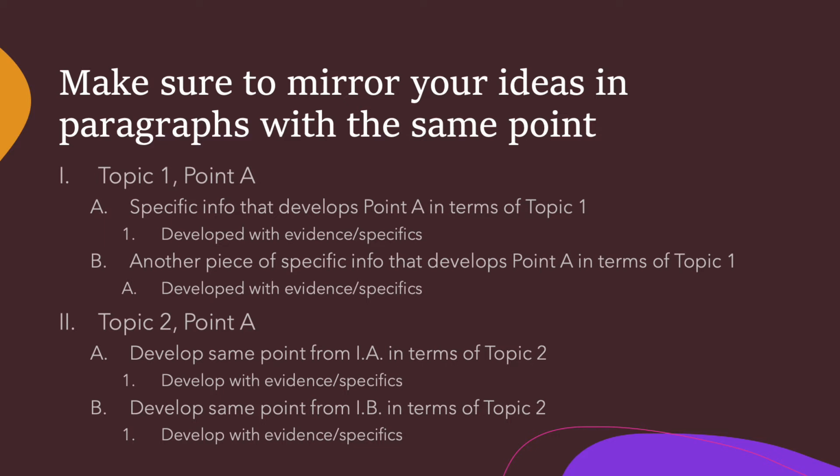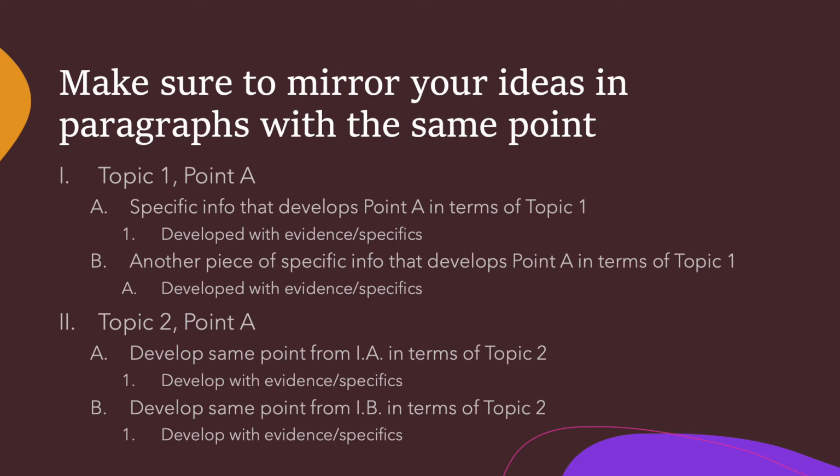All right, so this one is assuming we were just using the point by point method for right this moment, just so that we can see how the organization should be. Because if you remember from previous videos, I've indicated that you should mirror your ideas in paragraphs with the same points, right?